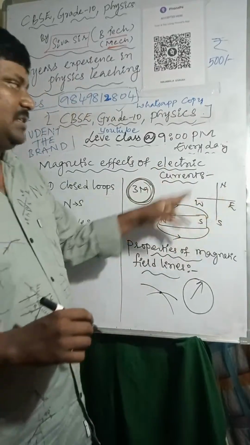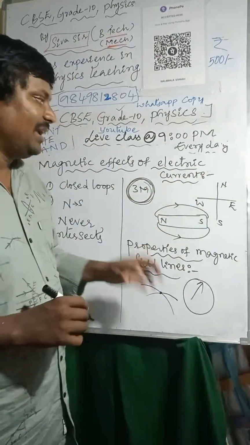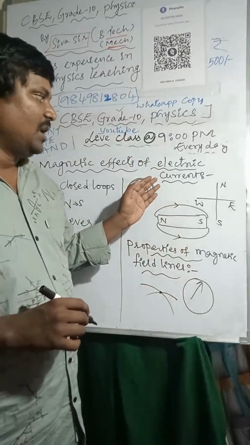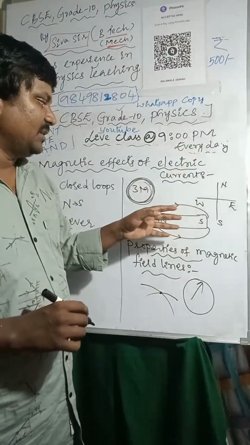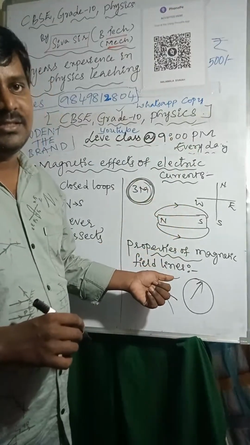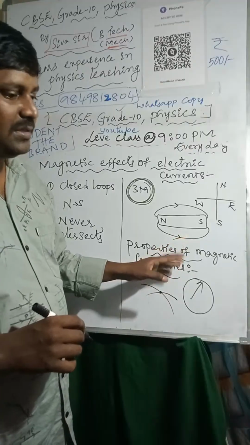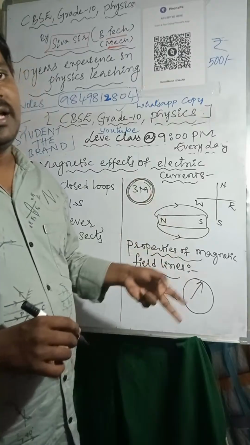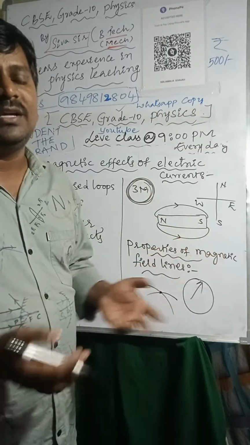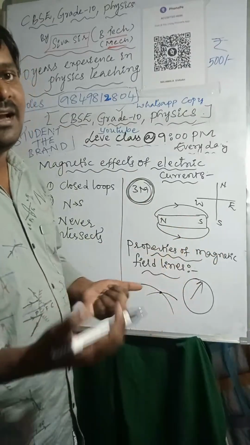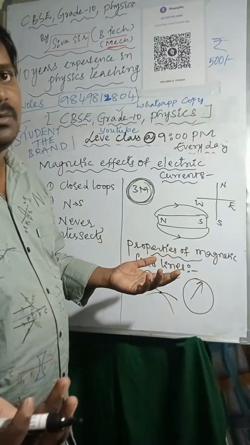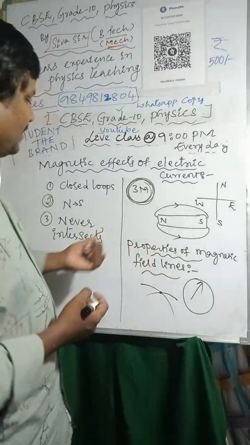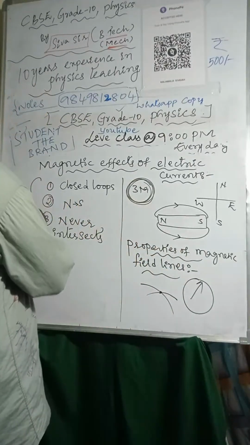If you place the compass, it always shows the north and south direction. So if the two lines intersect, the compass would have to show two directions at that point of intersection, which is not possible. A compass cannot show two directions at a time. That's why field lines never intersect.